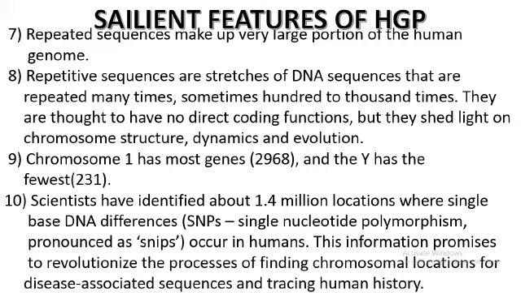Goals were set up before making the human genome project. Salient features have been identified after making the human genome map. So if the question is to list the salient features, you have to write all the 10. But if the question asks to list any 5 salient features, you have a choice and can write any 5. Okay, so this is with regard to the salient features of HGP.